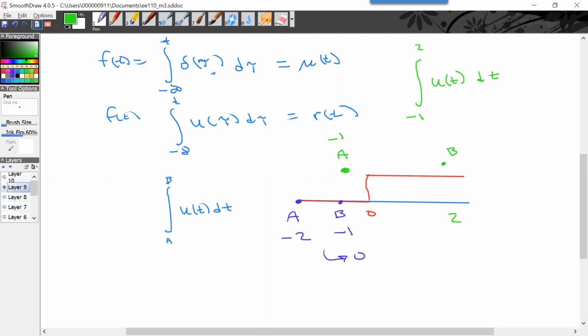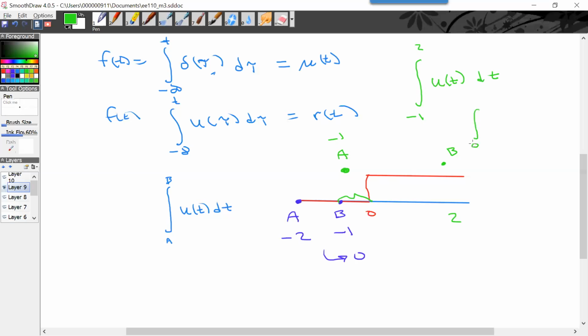Now, this isn't like a sine or something. It has a point where it's 0 and then a point where it's 1. And if you look at it, the function is discontinuous here. So there's a point where it's 0 and then there's a point where it's 1. And what you have to do is break that up.